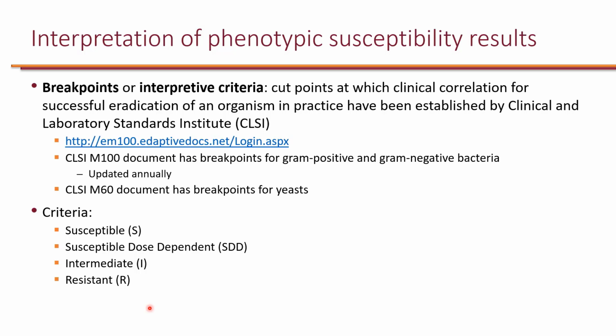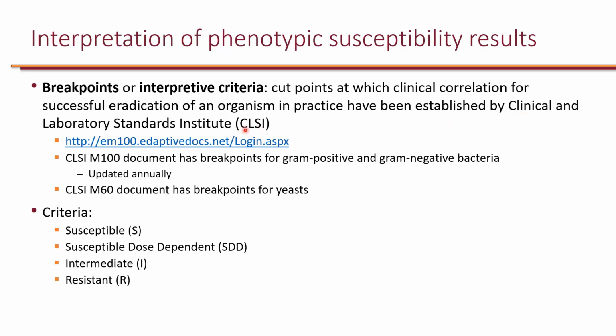So in order to interpret the MICs and see if it's feasible to use that antibiotic, there are criteria. Just knowing the MIC doesn't really tell you whether you can use it or not until you interpret it. And the way we interpret it is that we use CLSI, the organization that gives us the interpretive criteria or breakpoints for MICs. I will show you how to navigate this document.